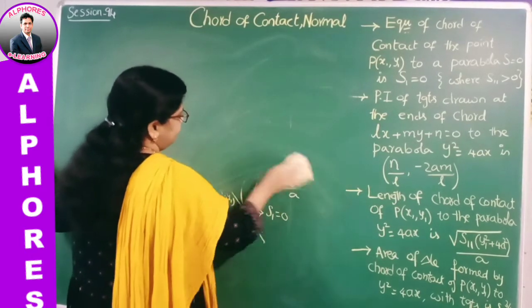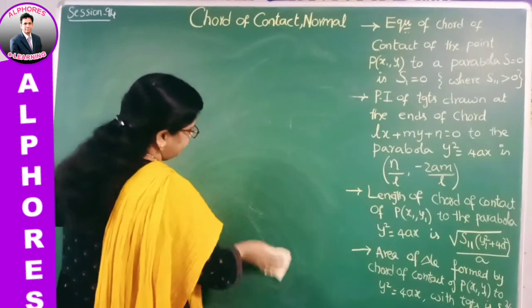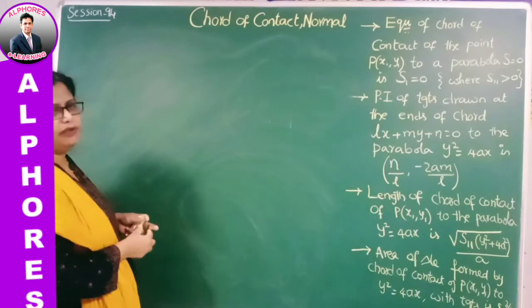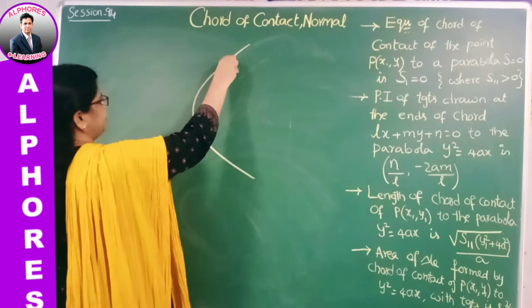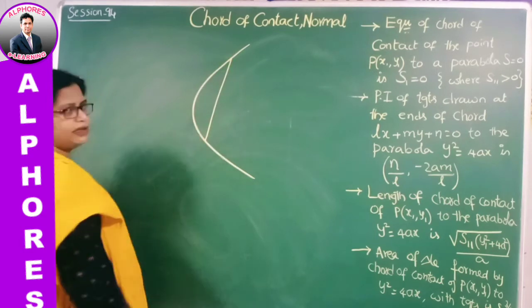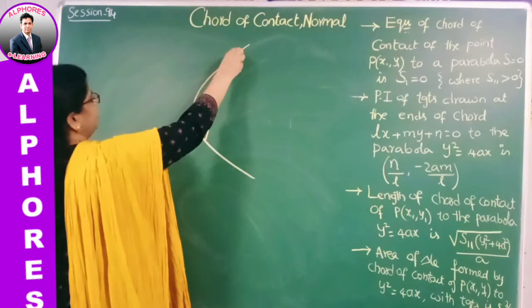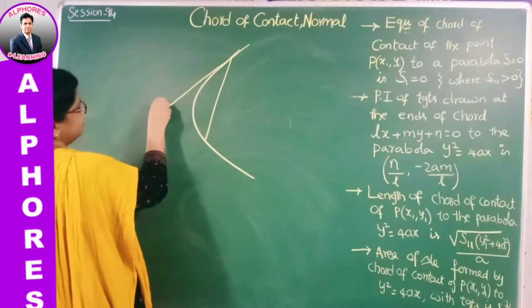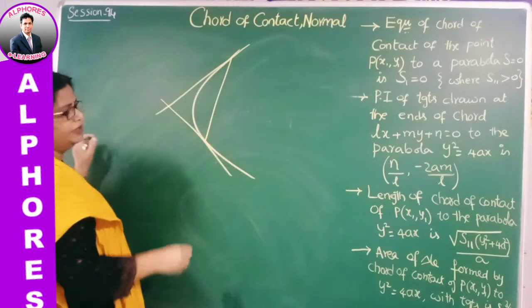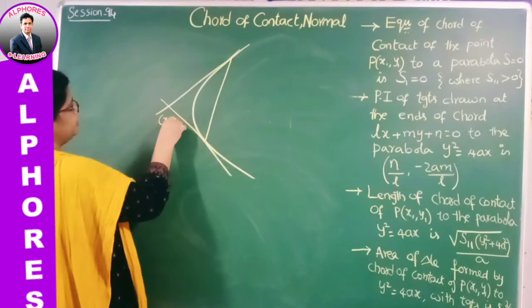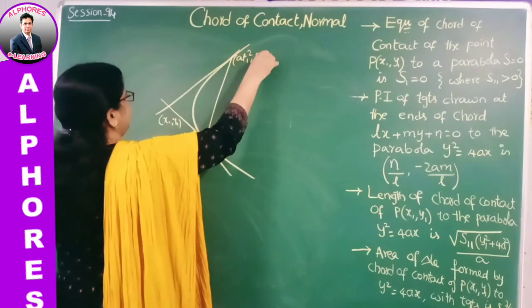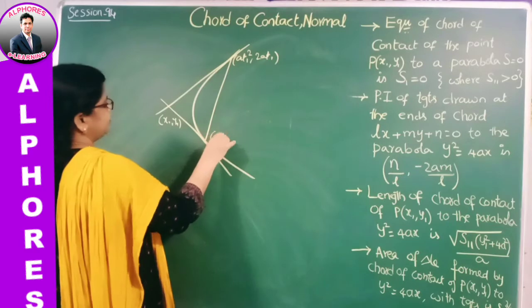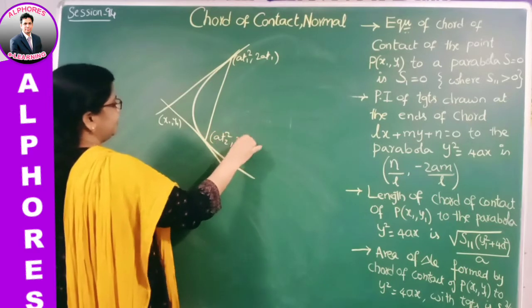So you can remember it as a formula, or we can do it like this for the standard form. Now you are deriving. If I take this as the chord, that means the chord of contact drawn from x1 comma y1. So this is the chord drawn from this point. Here I am taking the points a t1 square comma 2a t1, and a t2 square comma 2a t2, right?